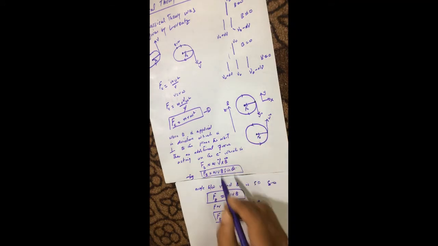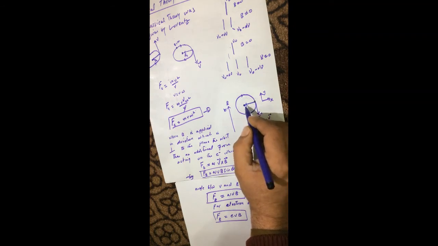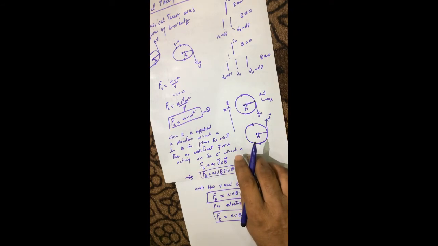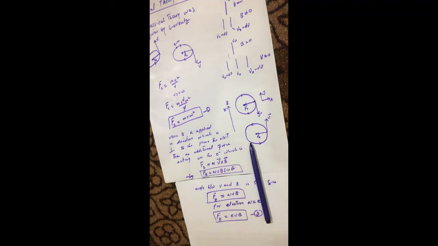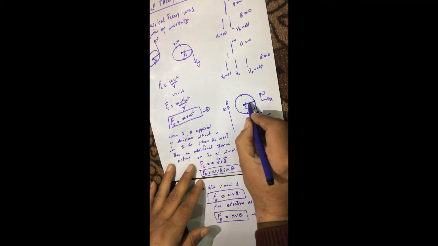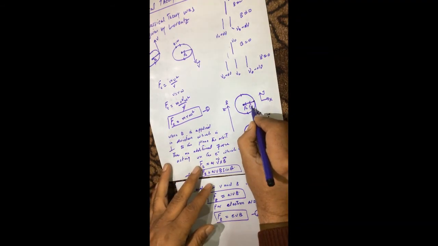So if I find out the direction by using the right hand rule, V cross B, then in the case of clockwise motion, the direction of F_B will be inward toward the center.